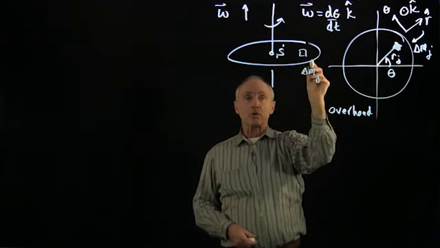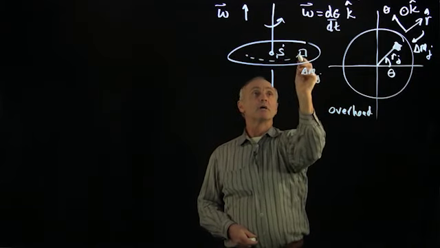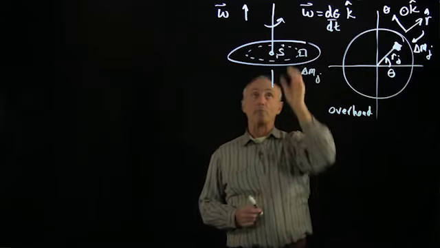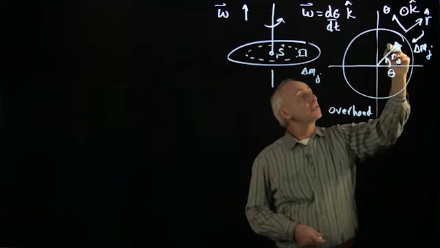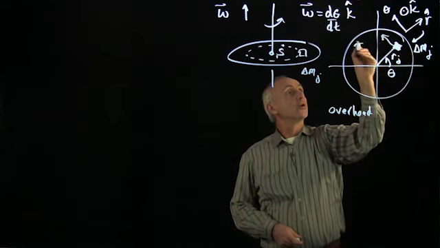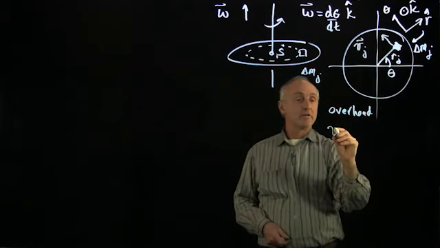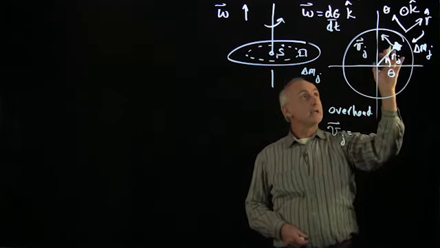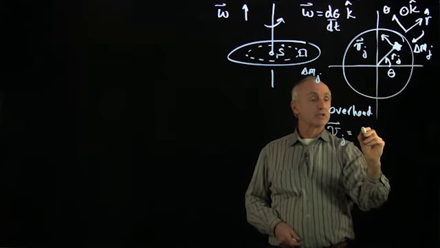Because every point in the rigid body has the same angular velocity, this object is going in a circle with angular velocity omega. Recall that omega is perpendicular to the plane of motion, but the object itself has a velocity, which I'm going to write vj, and that velocity vector, vj, is in the tangential direction, and it's related to the z component of our angular velocity by the following relationship.